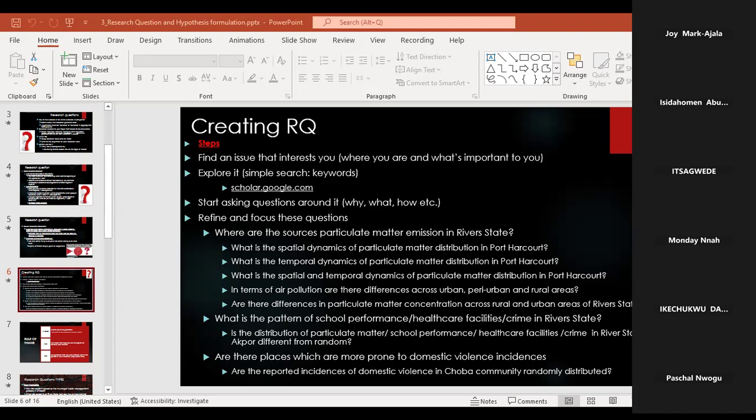Because by the time you finish that empirical review, the next subsection is gap in literature. Those limitations, you will now summarize them and put them in gap in literature. We don't expect you to start doing citations again when you get to gap in literature. You are going to summarize what are the problems, what are the challenges that you have seen in other works.